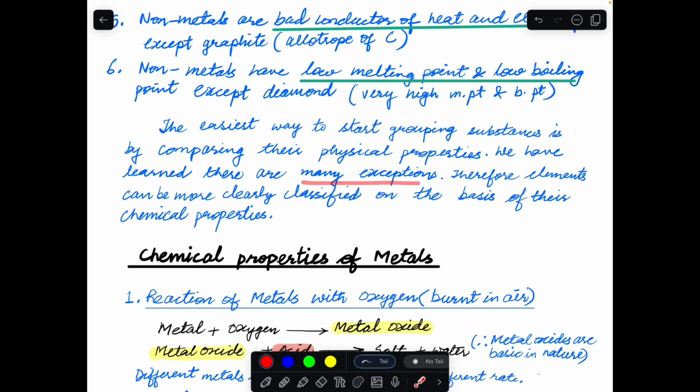As a result, we will focus on chemical properties also, and combining the physical and chemical properties that we observe and study, we will categorize them as metal or non-metal. So purely physical property cannot classify any element as a metal or a non-metal.